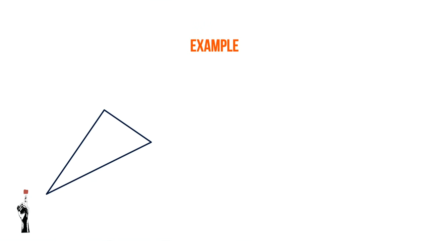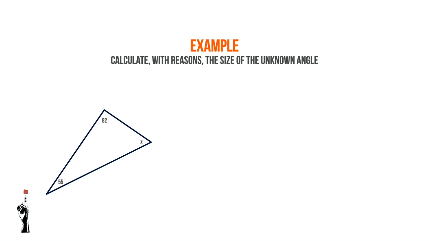Over here I have a triangle and they ask me to calculate with reasons the size of the unknown angle. My unknown angle is angle X. I know that these three angles together, added up, has to give me 180 degrees. So I can write 82 degrees plus 55 degrees plus X is equal to 180 degrees.